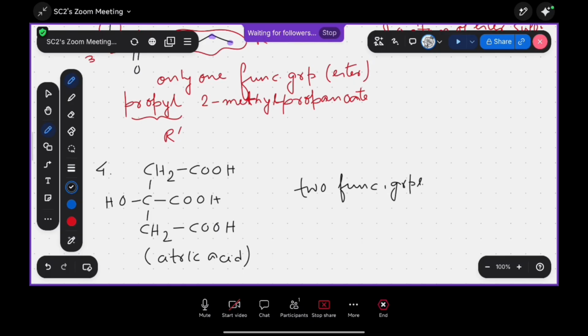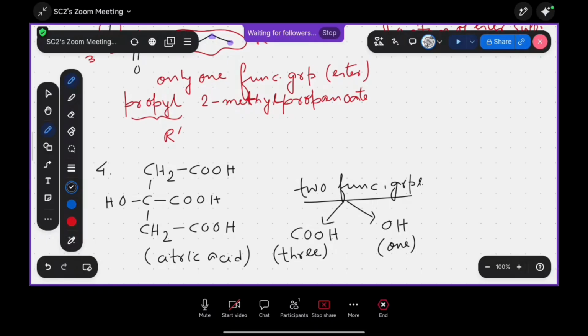And what are those functional groups? We are having the carboxylic acid functional group and we are also having one OH, alcohol functional group. But the problem is we are having 3 carboxylic acid groups, whereas OH is only one.